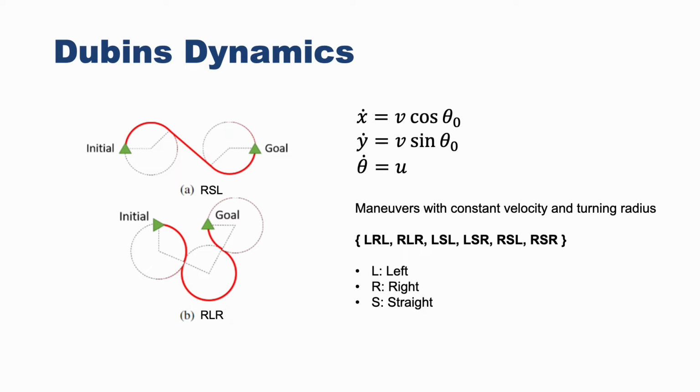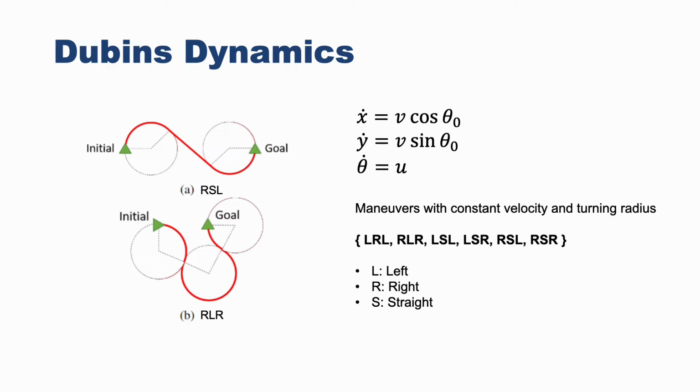So Dubins dynamics is a simplified version of the car-like vehicle dynamics. It is notated by x dot equals v cos theta, y dot equals v sin theta, and theta dot equals u, which is the input control to the vehicle.